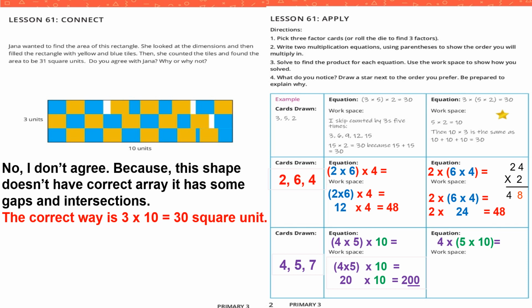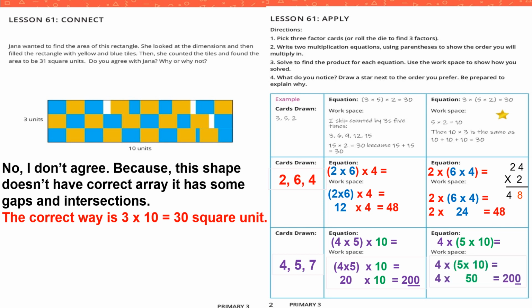Do you remember what we did with zeros? We said if we have zeros, we will take them out in the product. So I have here 2 zeros, so I will take them and put them in the product. The remaining will be 1 times 2. 1 times 2, 2. So the total is 200.